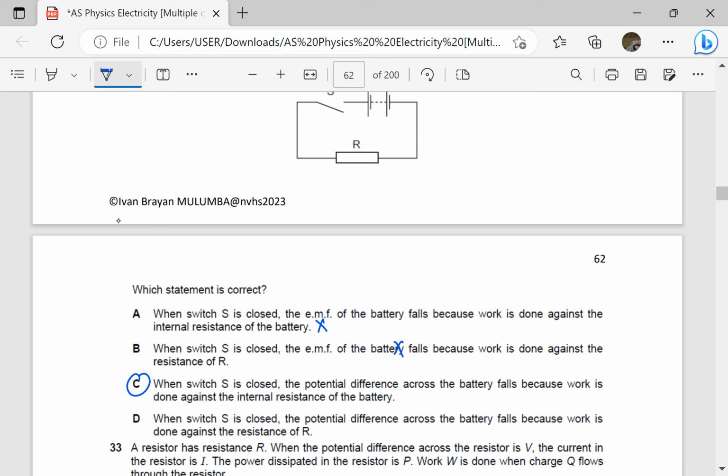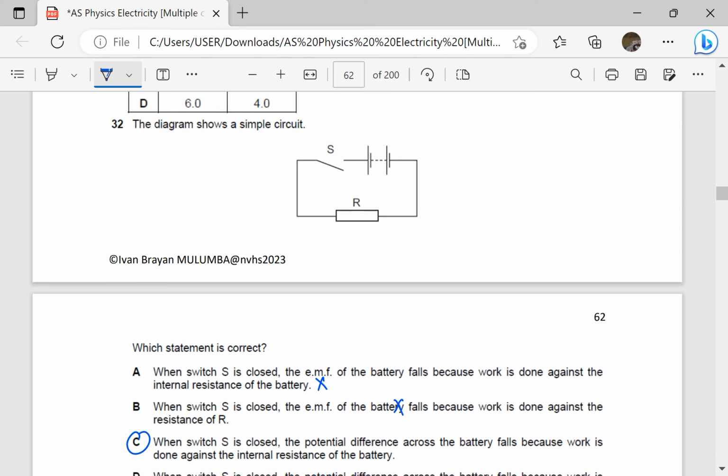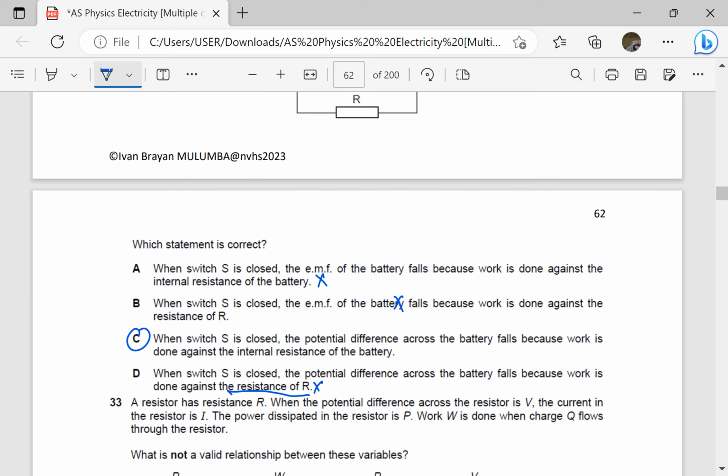When switch S is closed, the potential difference across the battery falls because work is done against the resistance R, not at all. Here it is only because there could be lost volts within the cell. That's why the PD across R falls or reduces.